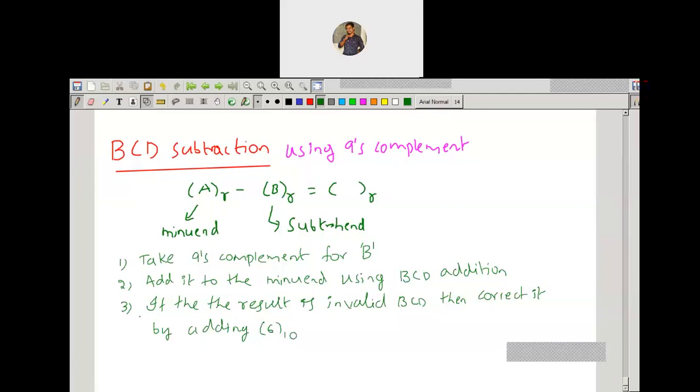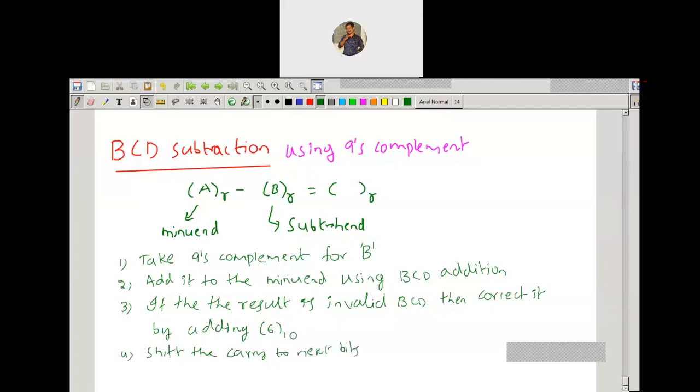The fourth step is shift the carry to the next bits.